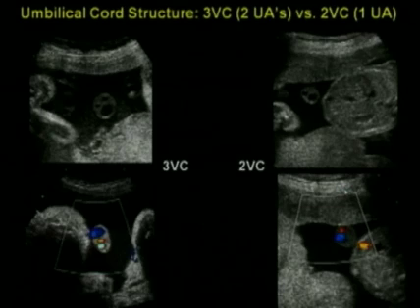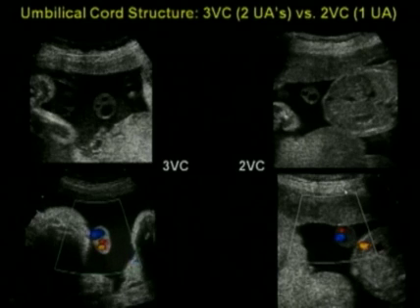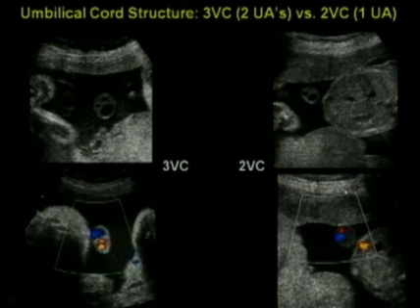One of the key ones is to determine the structure of the cord. The normal cord has 3 vessels: 1 umbilical vein and 2 umbilical arteries. The difference in appearance is that the vein is big and in cross-section the arteries are small.